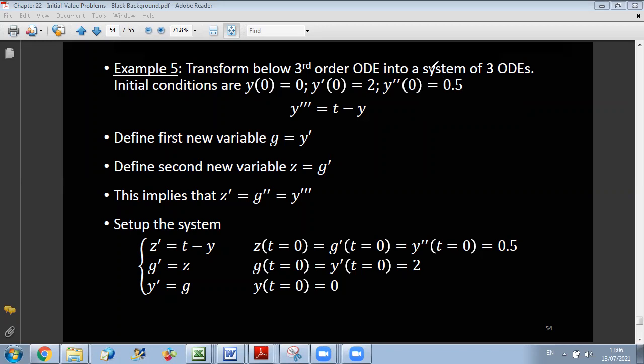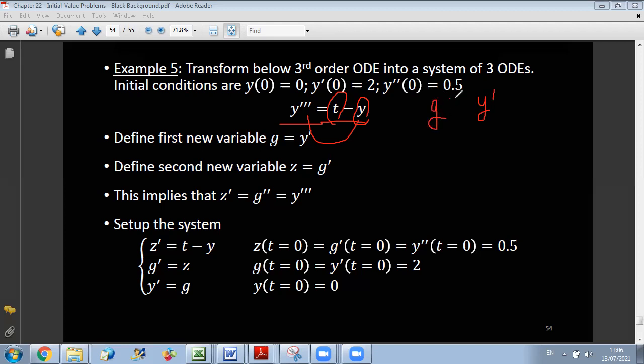How to do this? Here in this equation you have the third derivative of y equals t minus y. So my variables here are y and time, and I want to include derivatives of y. In order to go from y to y third, I did three derivatives. So I need one variable for y prime. Let's say I define the first variable y prime as g.